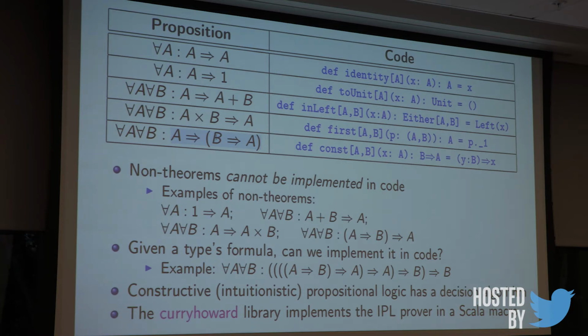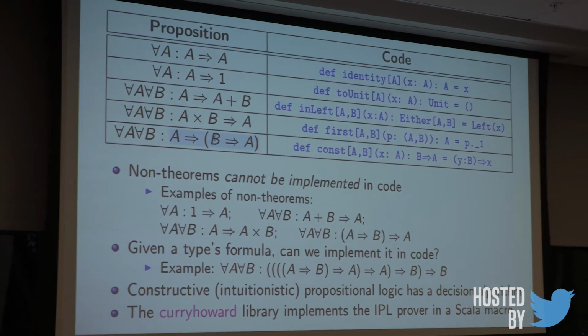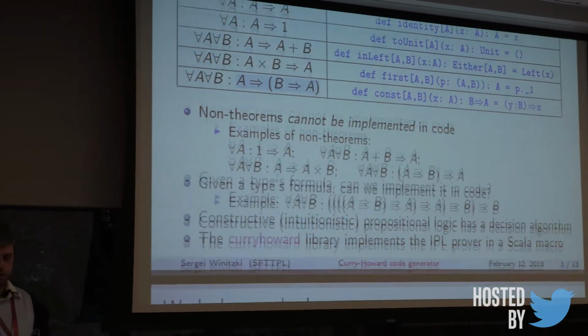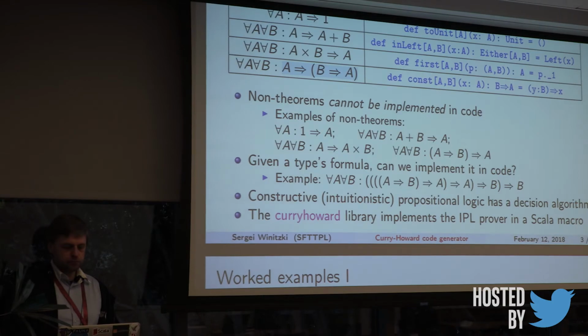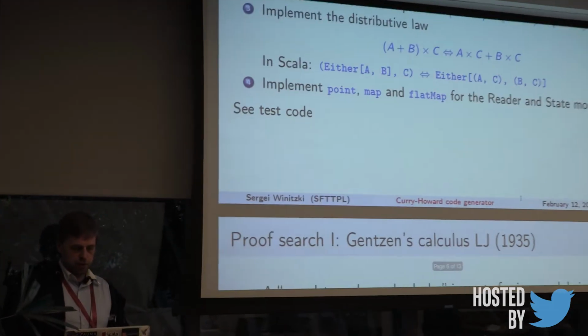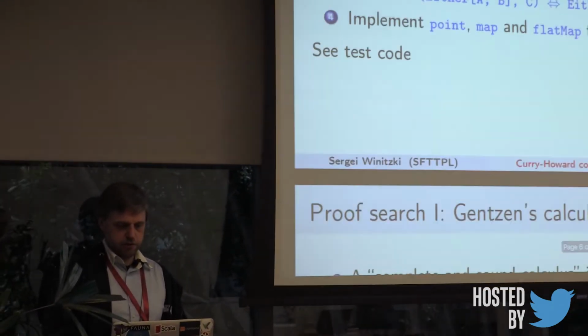The next step is to run a proof search for this theorem. So there is a formalism and an algorithm for finding possible proofs. And this is the intuitionistic logic. So this algorithm is this intuitionistic propositional logic prover, which I'll try to see if I have a pointer to the paper.